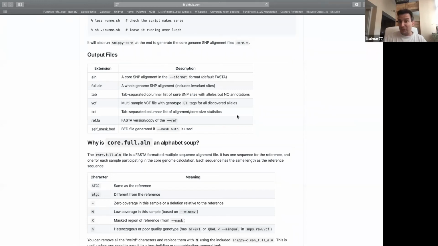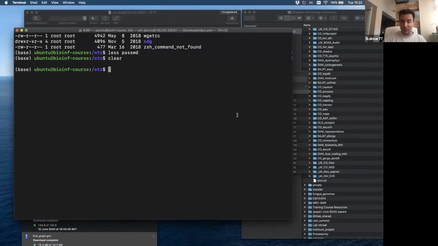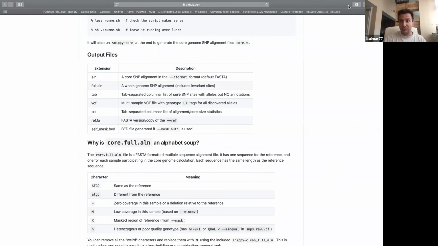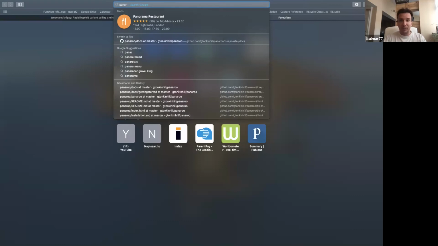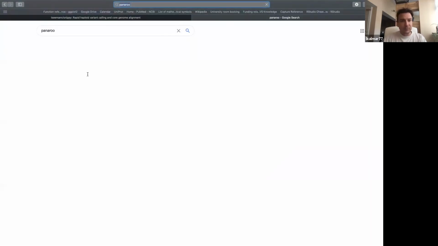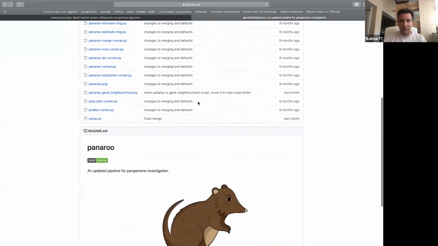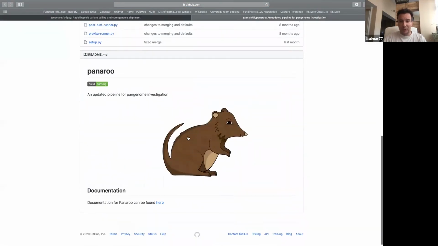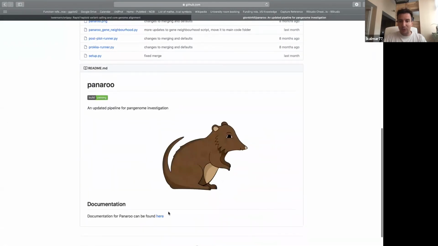That's what I would think about using Roary, and what I used Roary for a very long time, but according to Julian, we should use Panaroo. So I installed Panaroo for myself. And again, I will give you a step-by-step guide on how to use it.